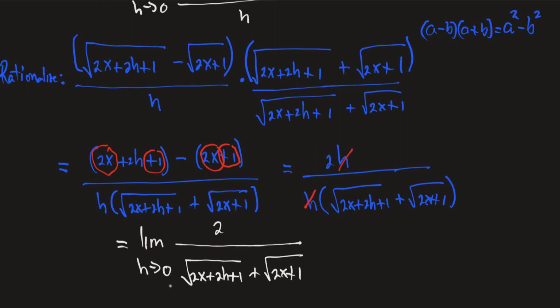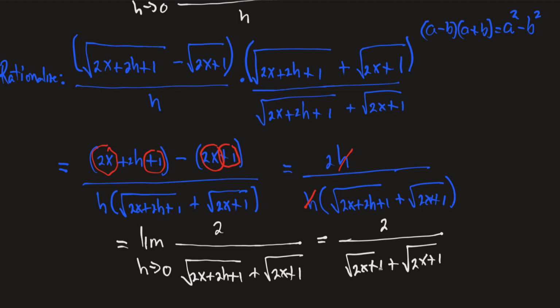And now I can see for sure it is not going to be indeterminate because I don't have a 0 in the numerator, and I'm not going to get a 0 in the denominator either, because if I evaluate this as h approaches 0, this term approaches 0, so that term goes away, and I'm left with 2 over root 2x plus 1 plus itself, root 2x plus 1.